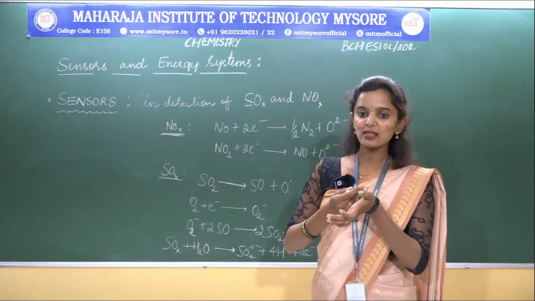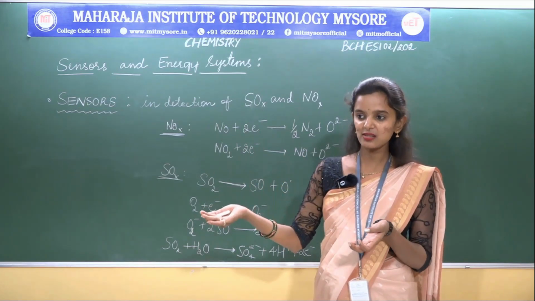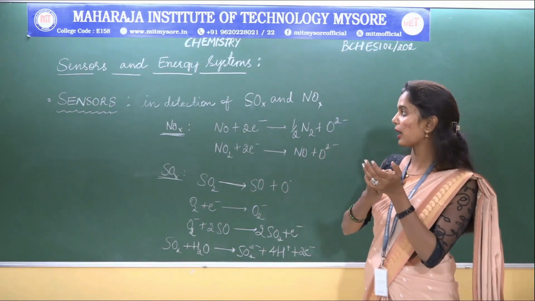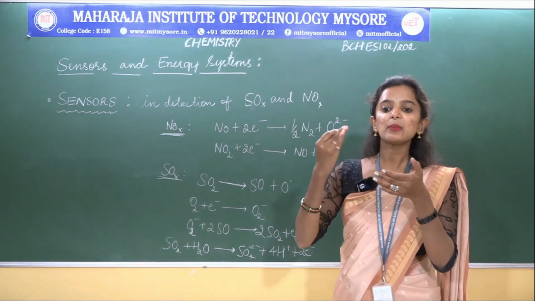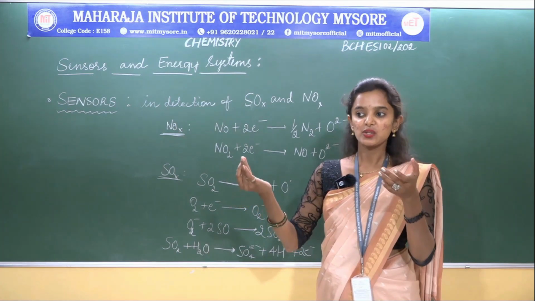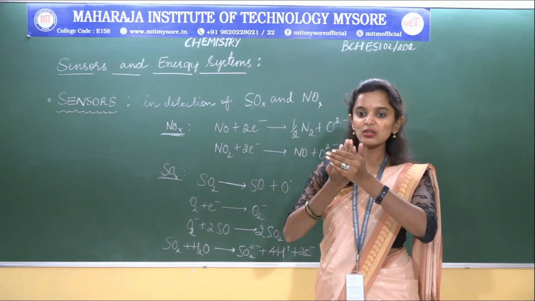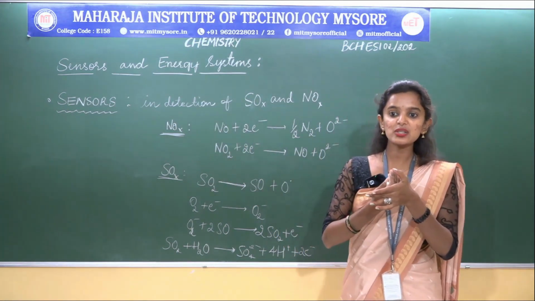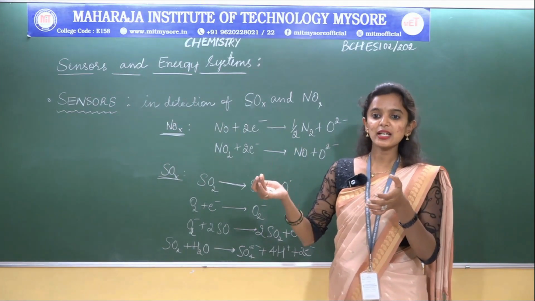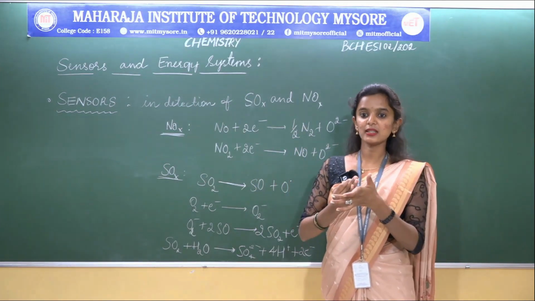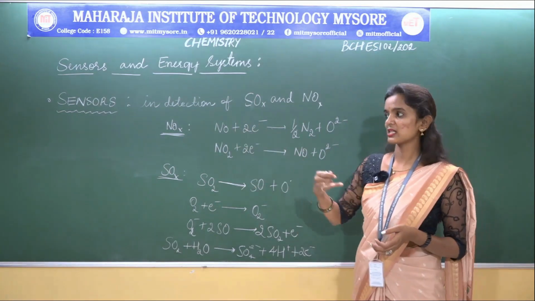It detects the gas and there is a change in resistance. As soon as the electrode and the gas come in contact with each other, a chemical resistance is created, which in turn is responsible for detecting the amount and concentration of gas present.